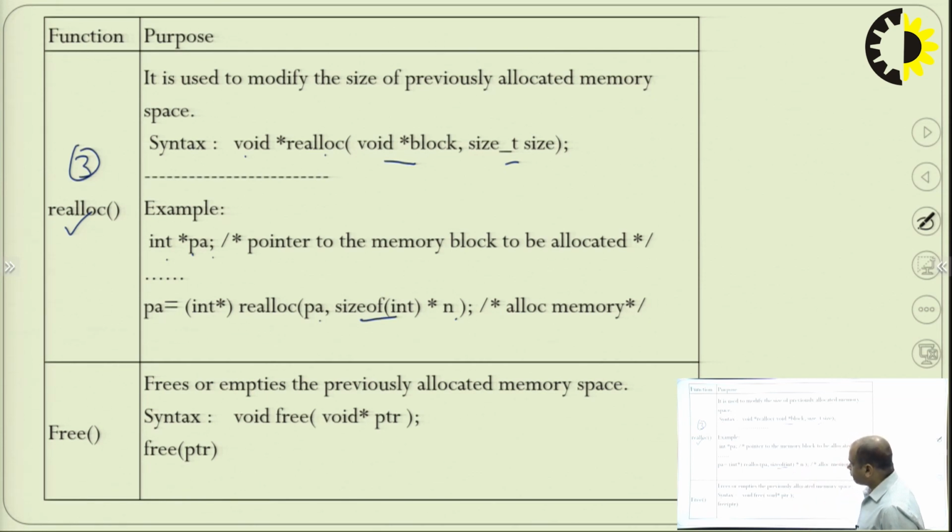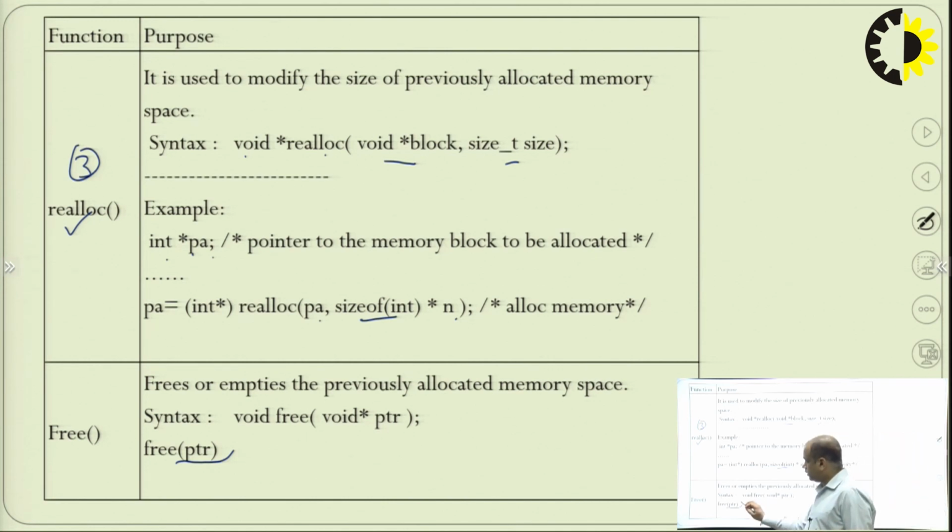If I talk about free, it means whatever we have allocated, we want to deallocate. For that we use free with the pointer. An important concept is that the star, or indirection operator, is not used in the free function.